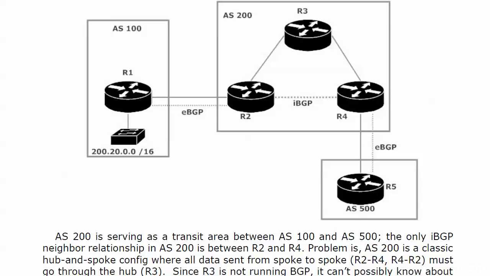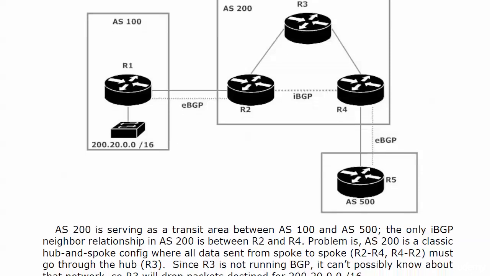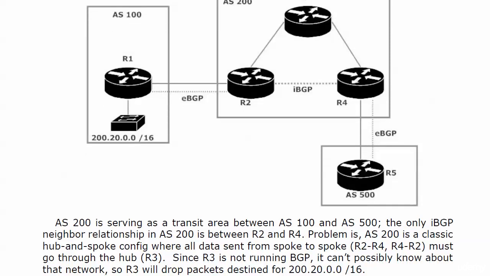Now, the problem is AS200 is a classic hub and spoke config where all data is sent from spoke to spoke, whether it be 2 to 4 or 4 to 2, because notice there's no physical connection shown in the diagram between 2 and 4. It's got to go through the hub, any spoke to spoke communication. But if router 3 is not running BGP, it cannot possibly know about the 220.0.0.16 networks that we're trying to propagate via BGP.